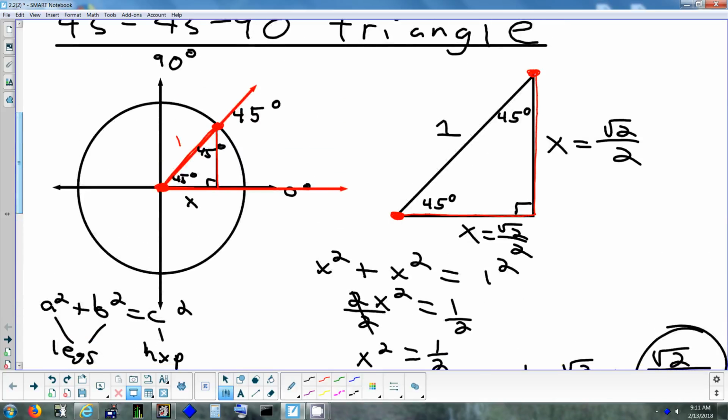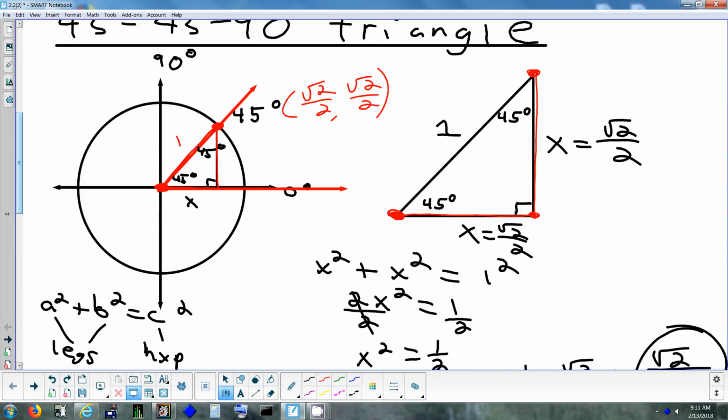Okay. So from that point, how far did we go to the right? Square root of 2 over 2. So that's how far right. And then from here, how far up? Same thing. Square root of 2 over 2.